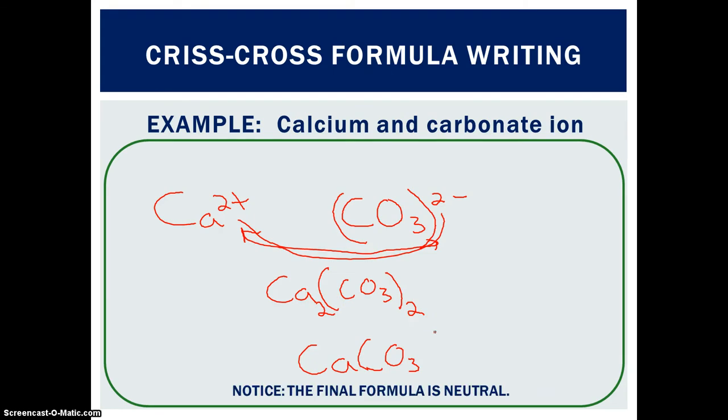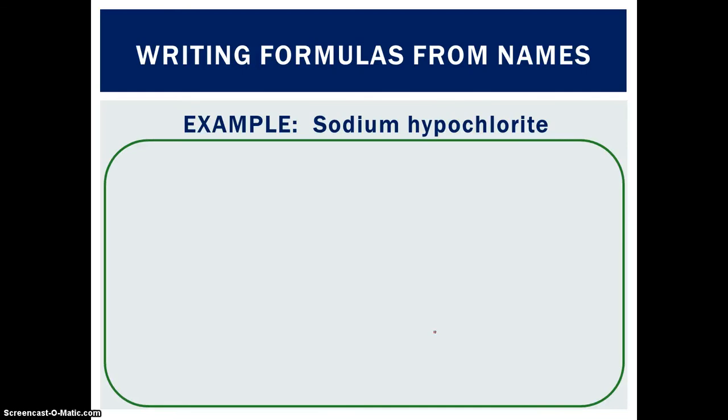The final formula should always be neutral. Let's do one more. Sodium, we know Na+ from its position on the periodic table. Hypochlorite ends in ITE. That helps you know that it's a polyatomic ion. I find it on the back of my periodic table. I have 1 and 1 here.